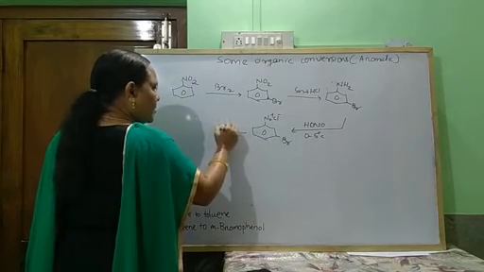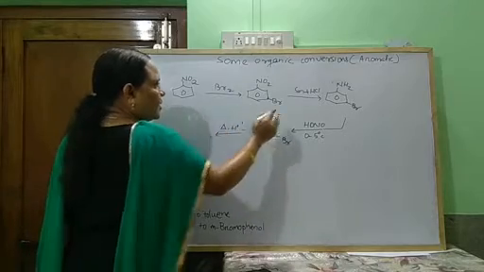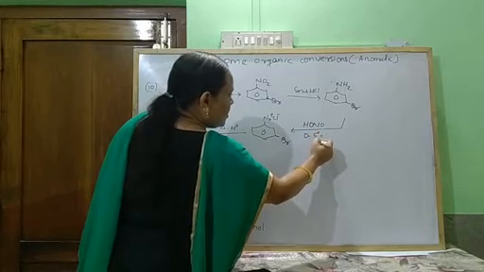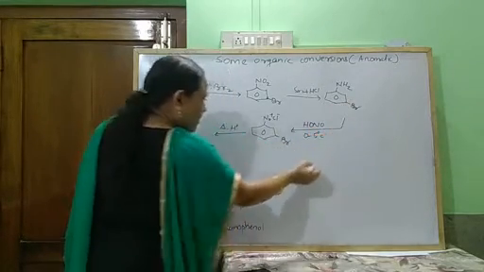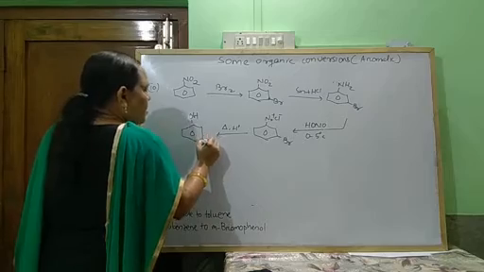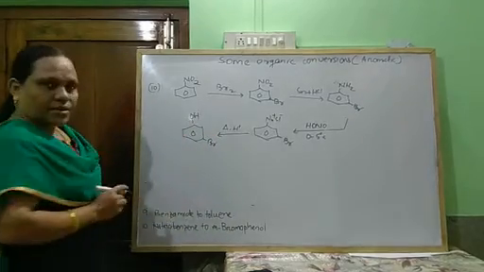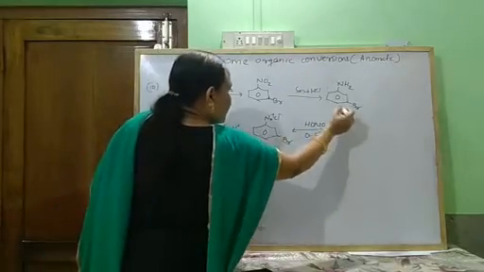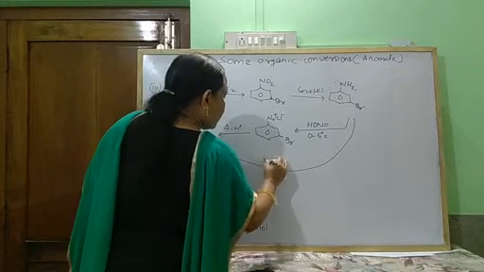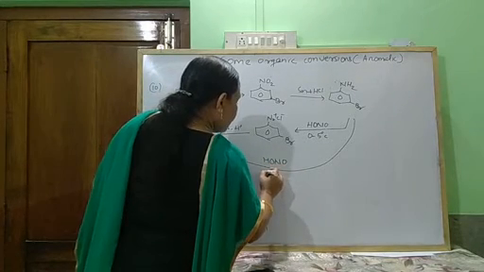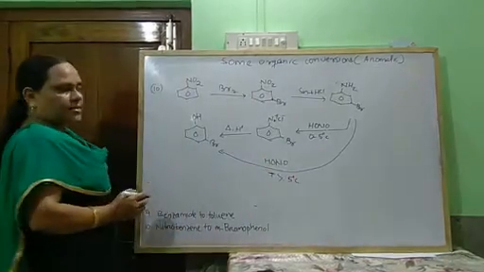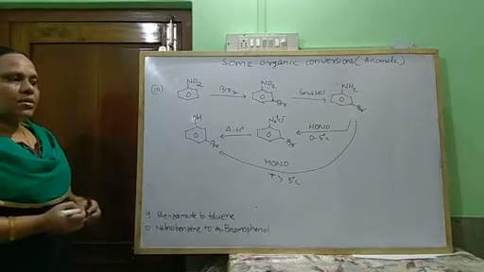Otherwise, if you heat it in presence of acid, the solution being more acidic in nature, instead of this temperature, if you give more temperature, it is directly converted to metabromophenol. So either you go through these two steps or directly in one step, reaction with nitrous acid at a temperature greater than 5 degrees Celsius forms your phenol.